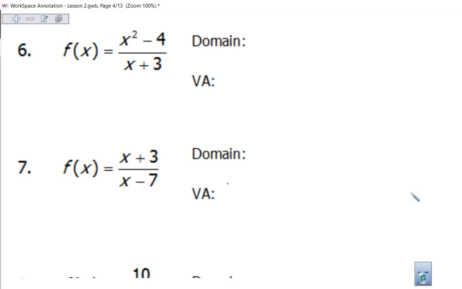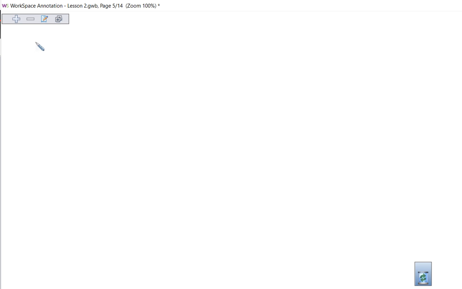Okay, problem 5, actually number 6. The first thing we have to do is find the domain, but before you can find the domain, you'll actually have to find your vertical asymptote. So you'll probably want to make yourself a note somewhere to find the vertical asymptote. Again, we use VA for vertical asymptote.